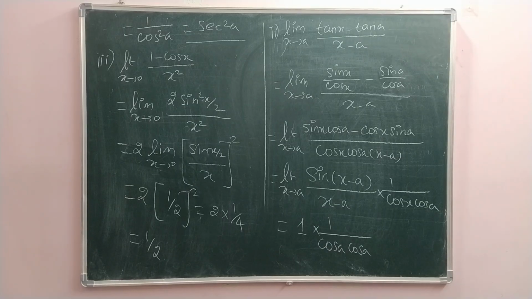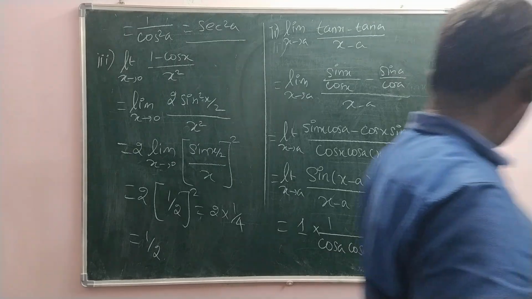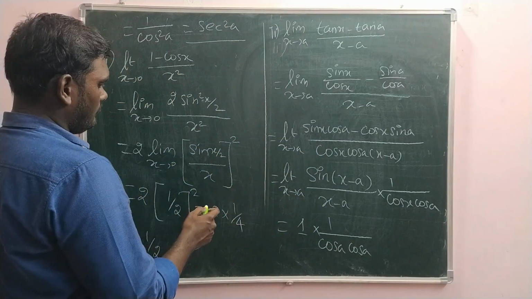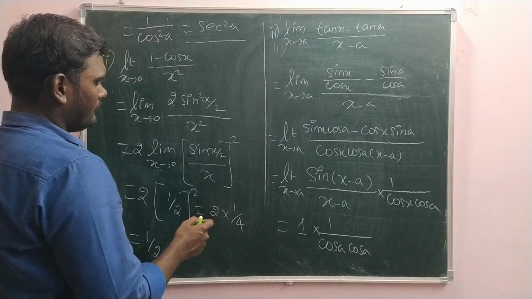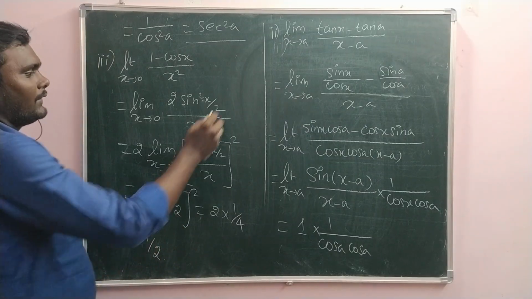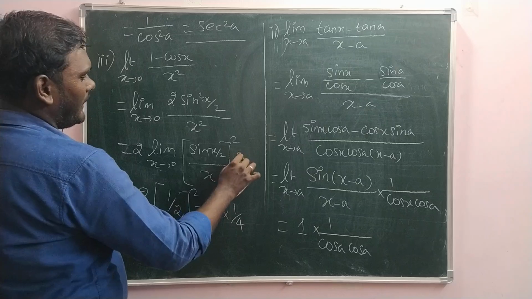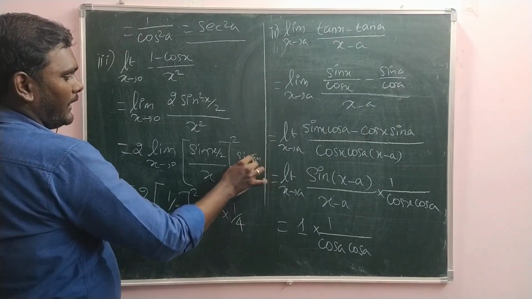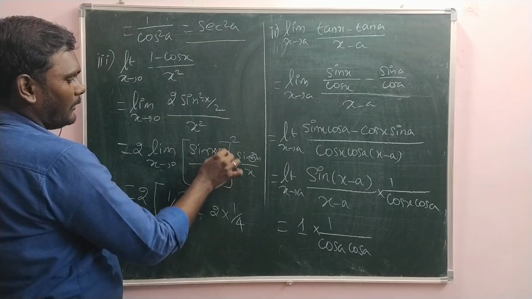Sin x by 2. This is sin ax by x. What is a? The x coefficient. The x coefficient is 1 by 2. That's all.